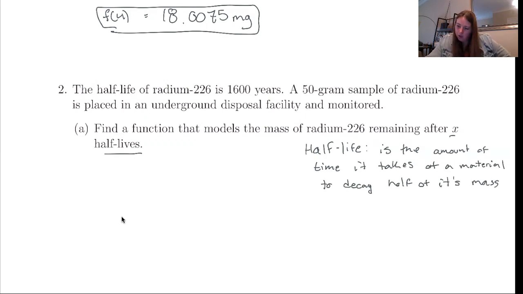Okay, so we have a 50-gram sample after 1600 years, or one half-life. It's going to be 25 grams, right? So we know it's a decay, so A is less than 1. C is going to be 50 grams, right?